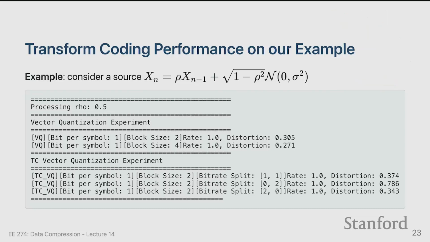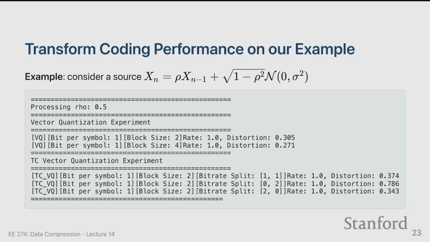And so this is the same experiment, but this time I reduce rho to 0.5. And actually in this case, even while giving the maximum bitrate split, I'm not able to beat it. And this I'm going to leave as a take home. Think about it, ask in office hour or on Ed. But it's actually not surprising that 2, 0 is not beating.